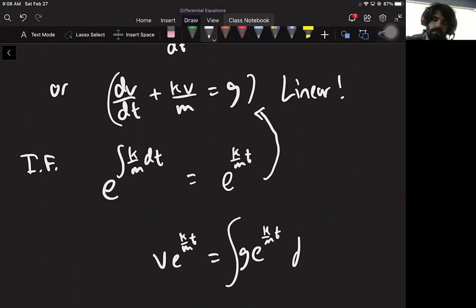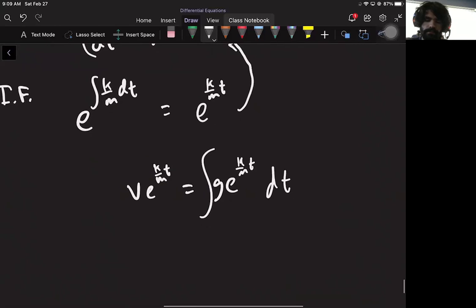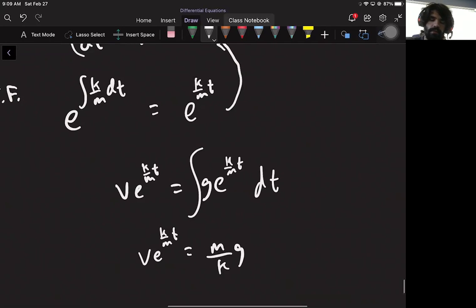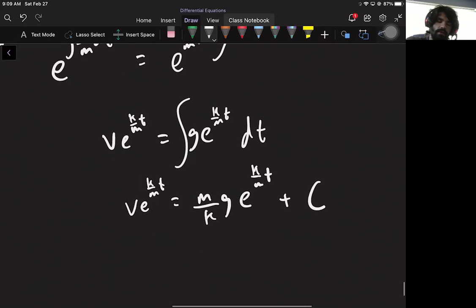we have the integral. So then integrating this, we get m times m over k times g, if you do u-sub, e to the k over m t plus the constant. And now I can solve for my velocity function.